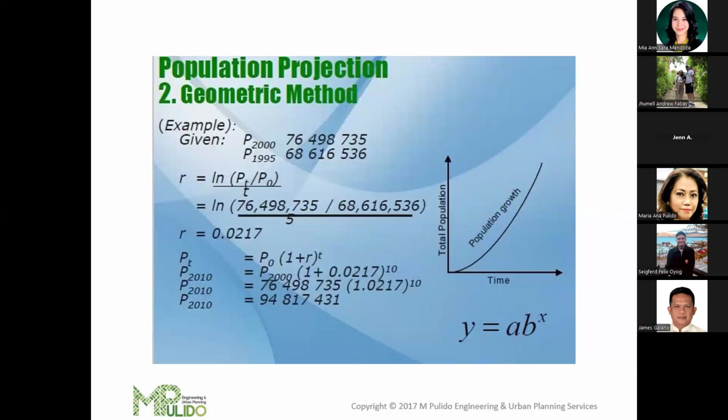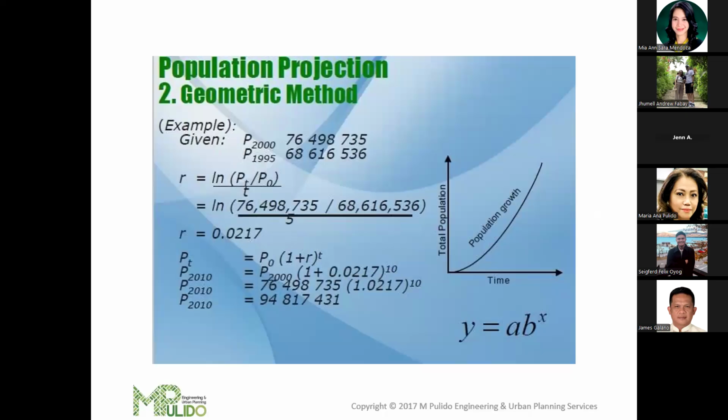The formula is long, but we need to memorize that R equals ln of (PT over P0) all over T. Otherwise you can derive it, but of course we don't have the time for derivation here. If we have the luxury of time, then we can do that.